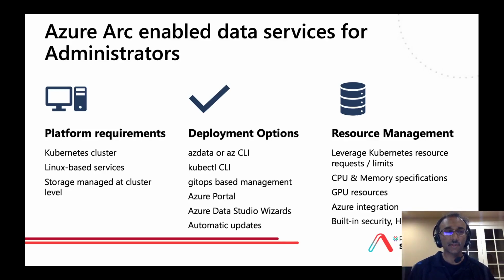You can restrict the max memory that a particular instance can take, without changing the instance properties themselves. Similarly, you can provision certain nodes with GPU and run your SQL ML workloads there. And last but not least, some of the HA capabilities are built into Kubernetes, and that's also available.